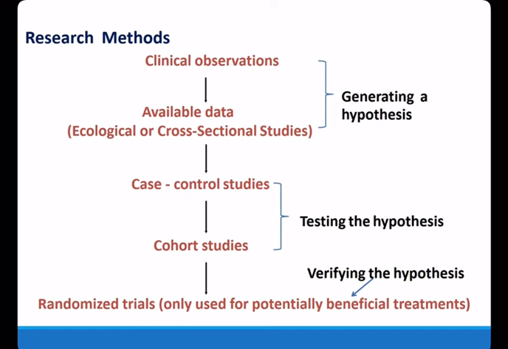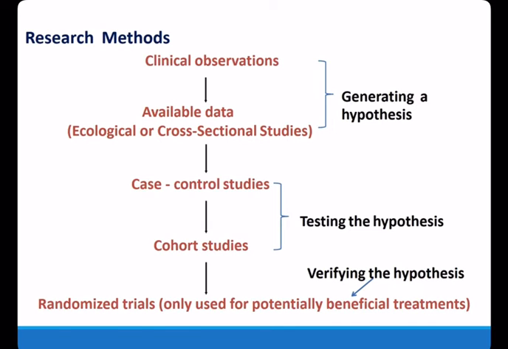To identify whether an association is actually a causal relationship, we need several research methods. As we have been taught in the previous lectures, we can use different types of epidemiological studies to find out whether the association is causal.